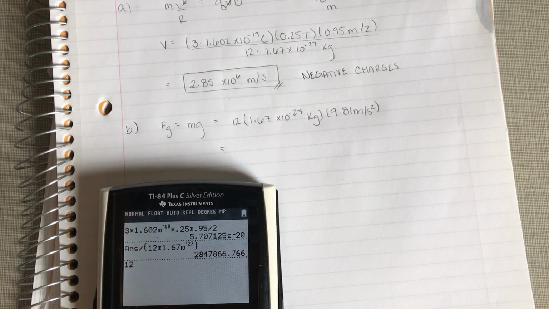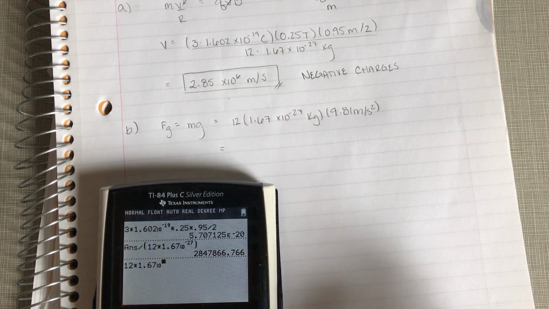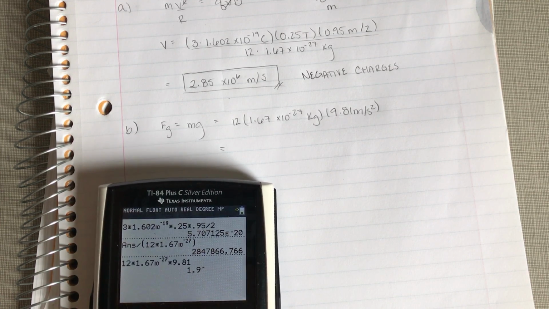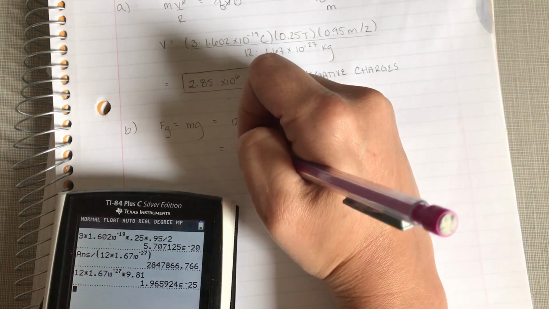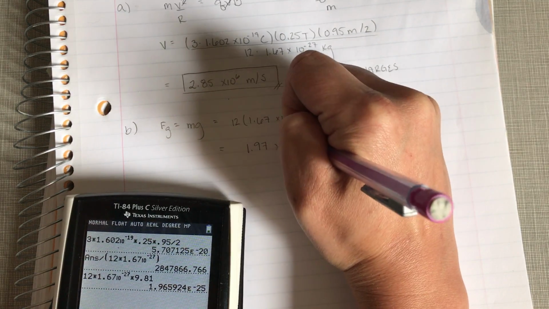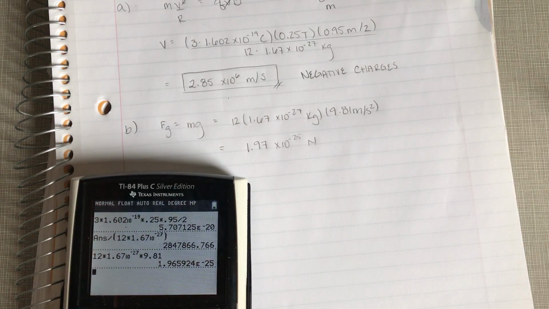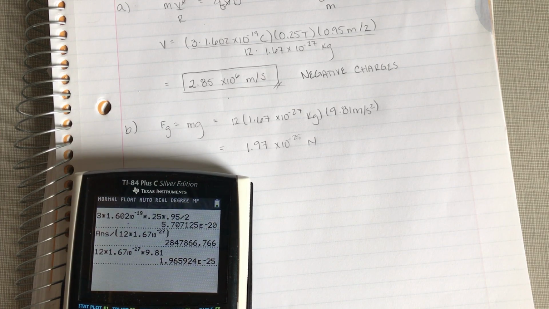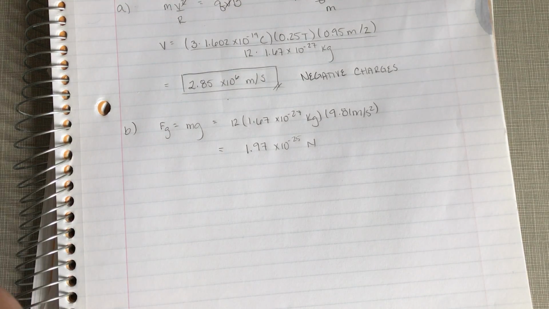The force of gravity on these particles is 1.97 times 10 to the minus 25 newtons. That's super small.